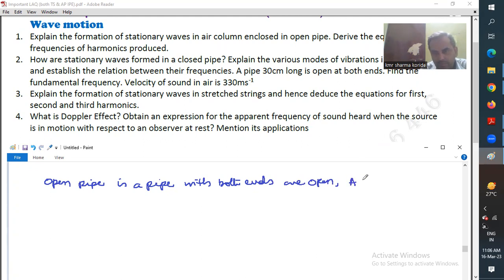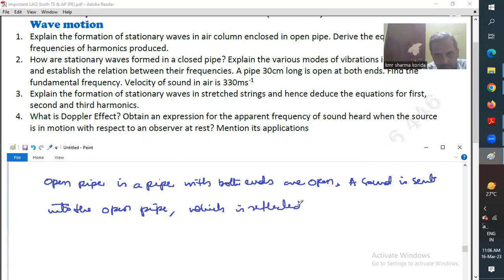A sound wave is sent into the open pipe, which is reflected at the open end of the pipe due to pressure difference.